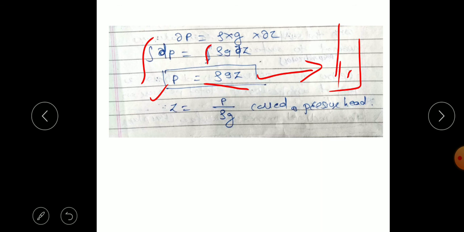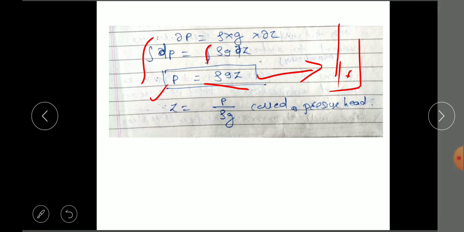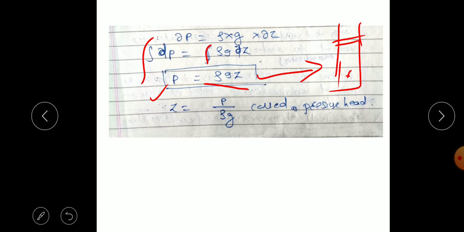Suppose we have to find the pressure at this point in a fluid, we measure this depth as z. Pressure is rho g z, and taking rho g to the other side, we get z equal to p by rho g, and this is called the static pressure head.